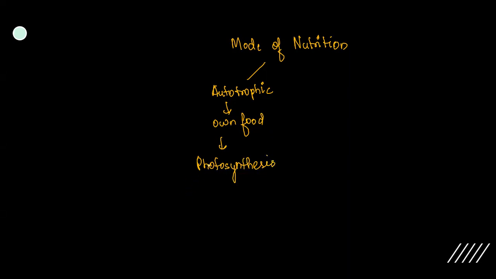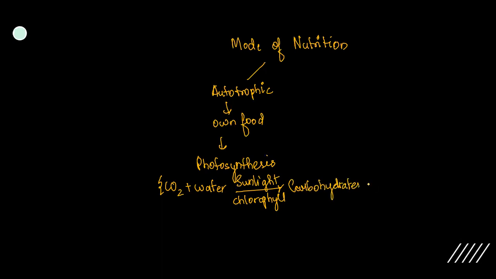And what are the ingredients that are required for photosynthesis? That is carbon dioxide and water, in the presence of chlorophyll and sunlight. They're going to prepare the carbohydrates and the oxygen.